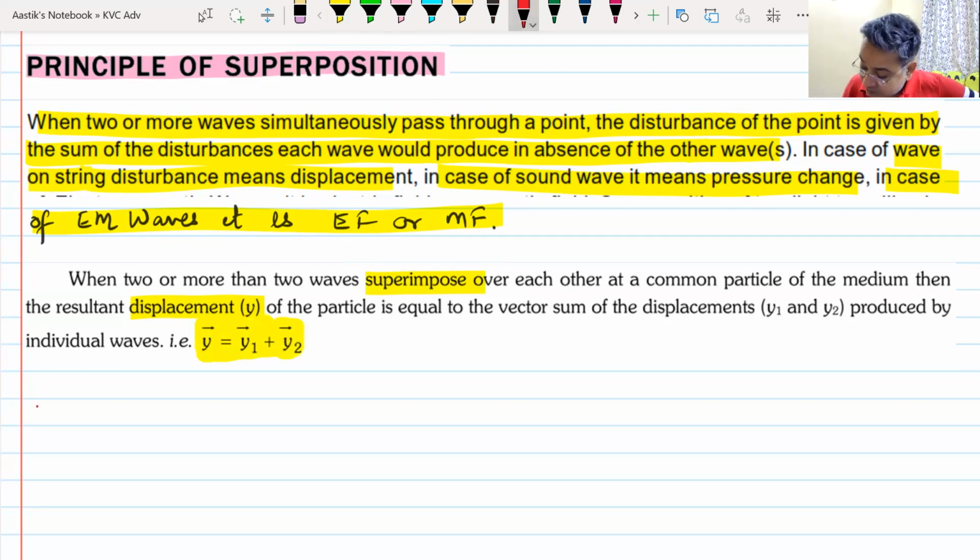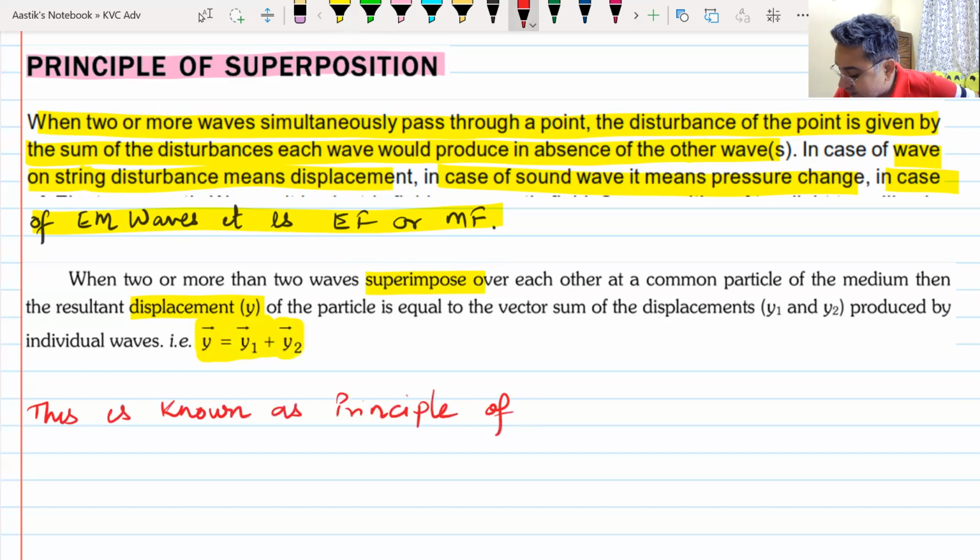This is known as the principle of what? Superposition. This is known as the principle of superposition of waves. Do we understand this?